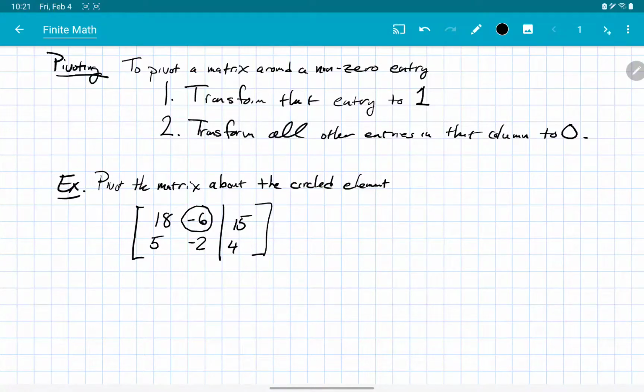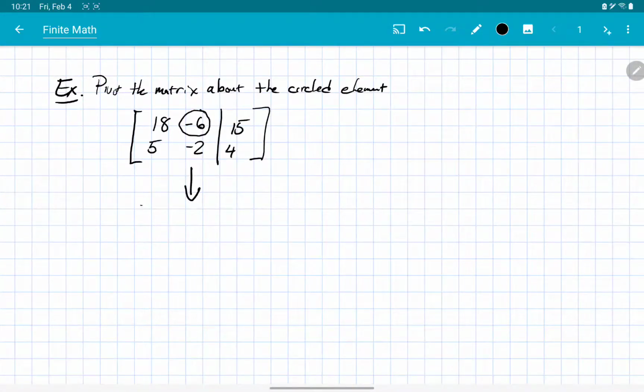So we're supposed to pivot around the -6, and that means first we transform that -6 to 1, not by magic, but by one of the Gauss-Jordan elimination rules. And then after we've done that, then we do step 2. We use the Gauss-Jordan elimination rules to transform all other entries in that column to 0. So can someone tell me what the first step is in order to pivot this matrix? What do we do?